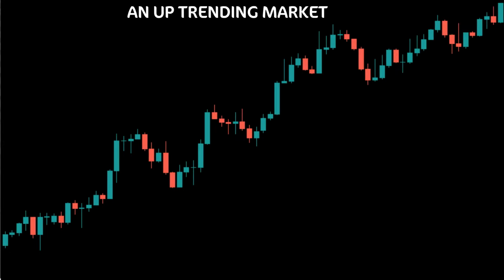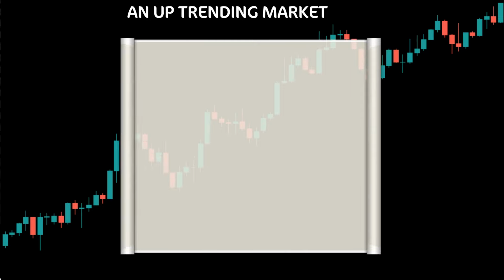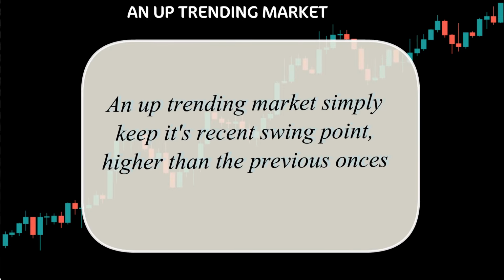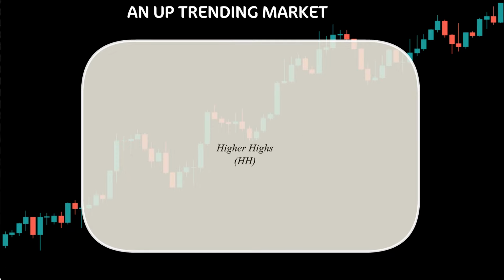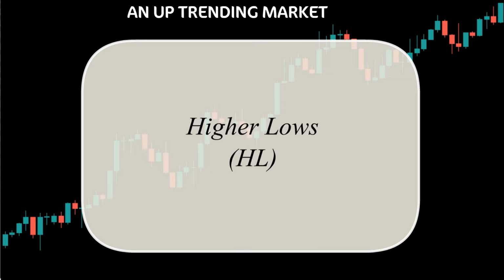You already know by now that the price moves in swings. So, an uptrending market simply keeps its recent swing points higher than the previous swing points, known as swing highs or swing lows. It could also be called higher highs and higher lows.